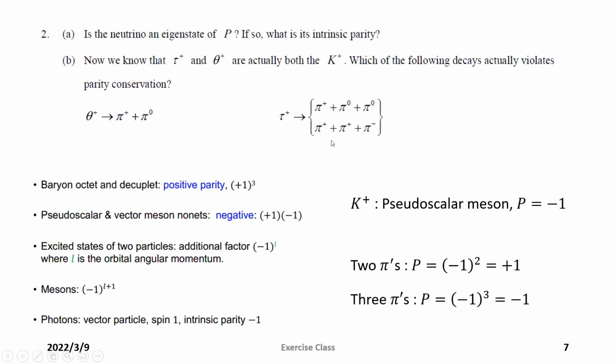And for the case of 3 pions, it's just (-1) cubed. So the parity is -1. So here we can see that for the 2 pion case, it does not conserve parity because P will turn from -1 to +1.